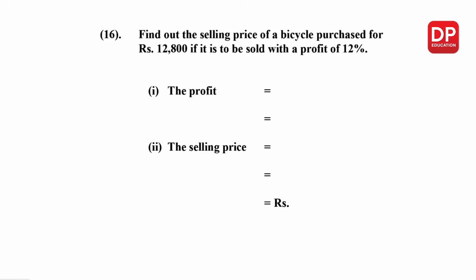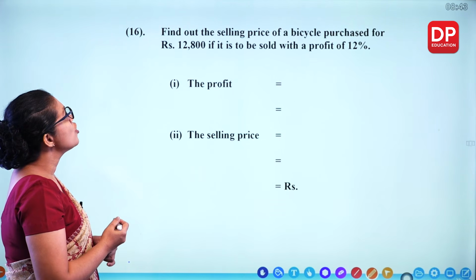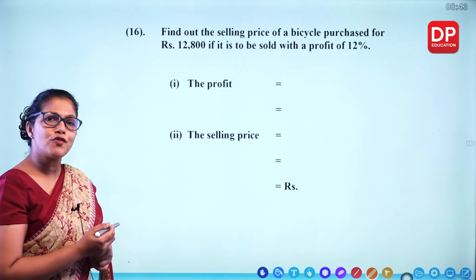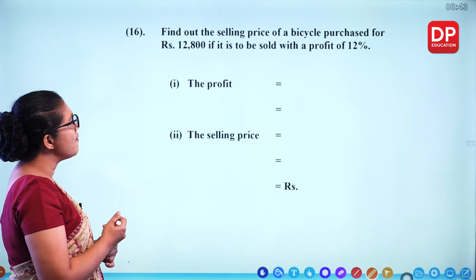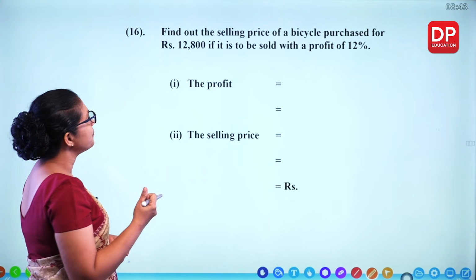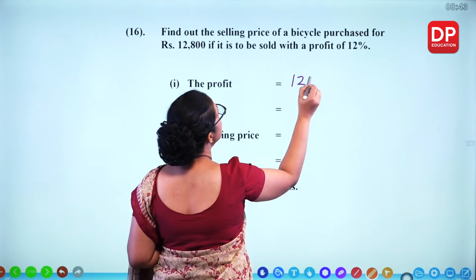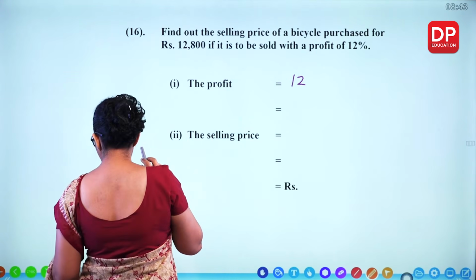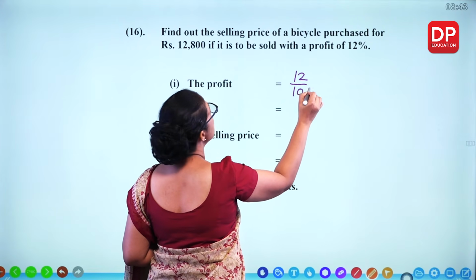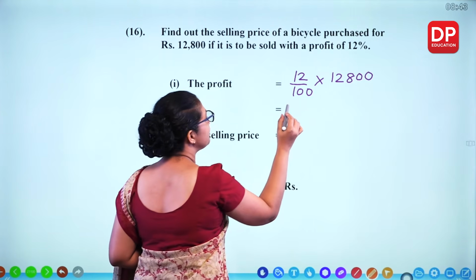This question. Find out the selling price of a bicycle purchased for 12,800 if it is to be sold with a profit of 12%. So, this is similar to the previous one. So, how do we calculate the profit value? So, 12% of 12,800.